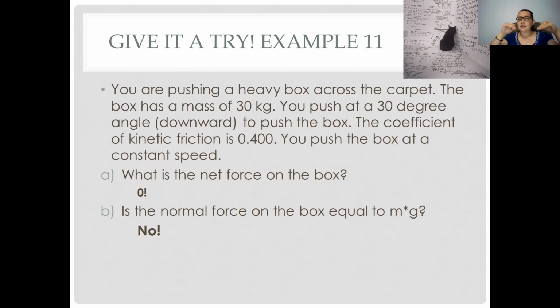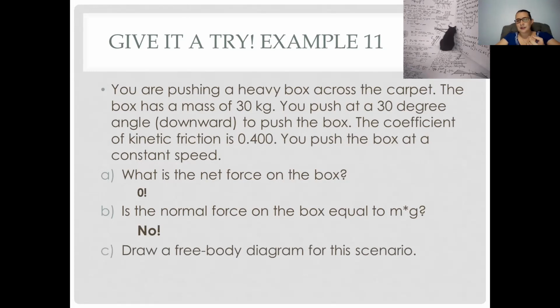So since we're additionally pushing this box down and there's a force of gravity pulling down, that means the normal force is going to be equal to not only the force of gravity, but the force of gravity plus whatever this y component of our force ends up being. And lastly, draw a free body diagram for this scenario. So really quickly, try to sketch that in your mind before we draw it out together.